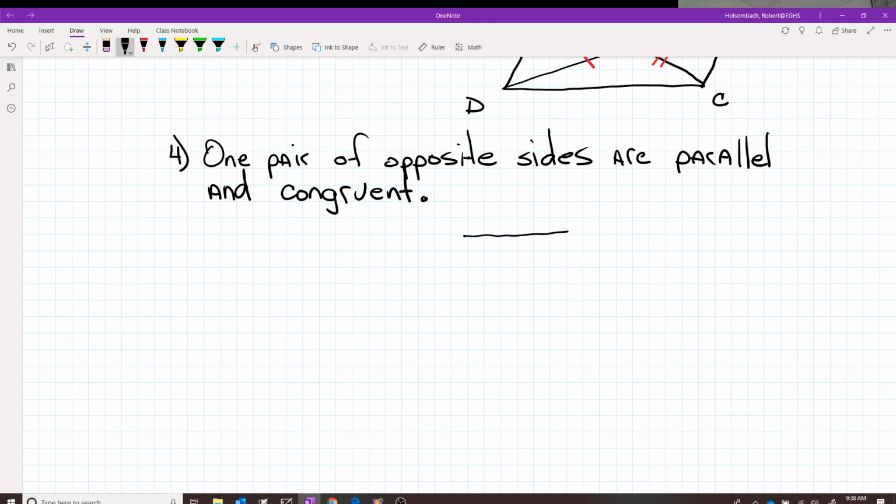So again, one pair of opposite sides. Side AB is opposite of side DC, and side AD is opposite of side BC. So if AB is parallel to DC and congruent, then the shape is a parallelogram.